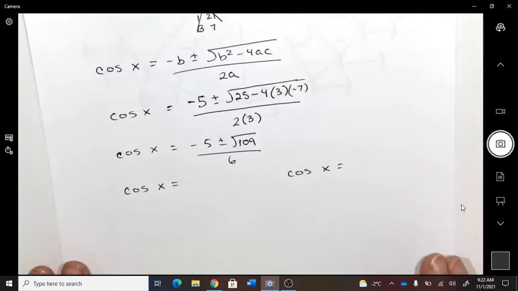Okay, so type the 2 into your calculator. So negative 5 plus root 109.